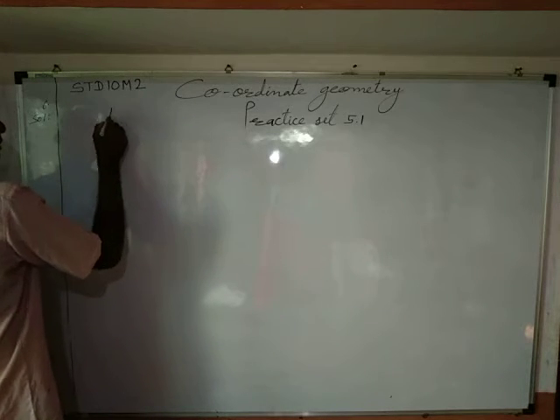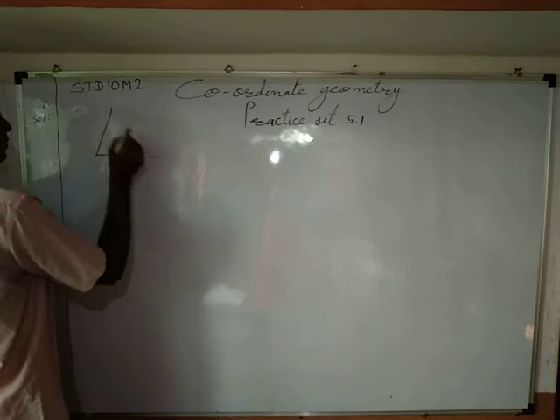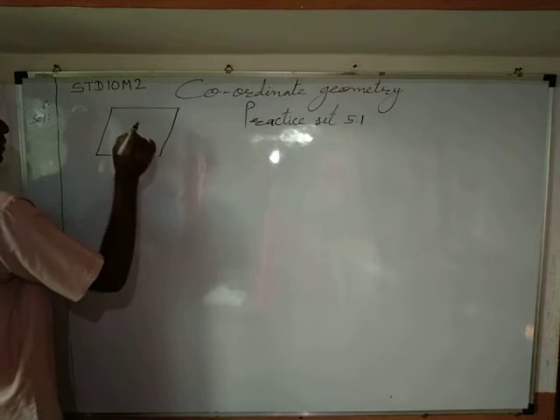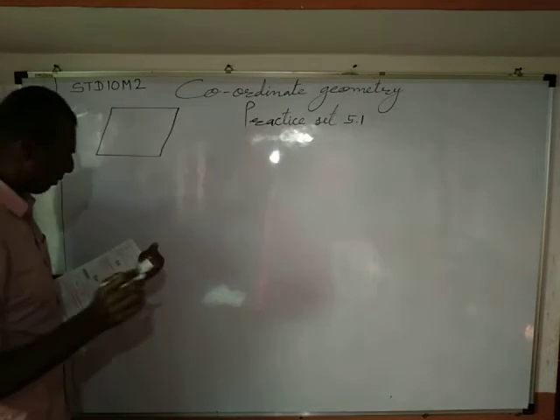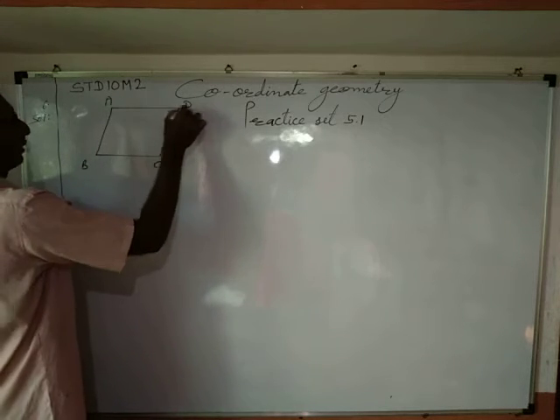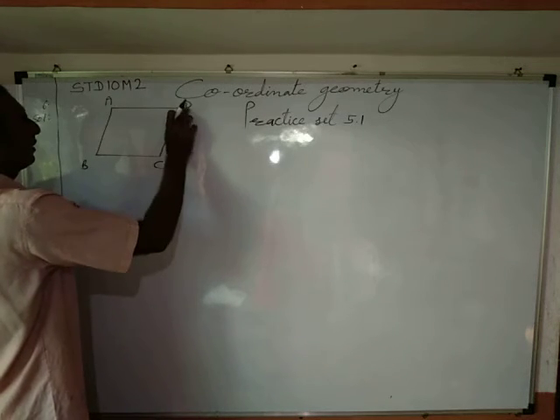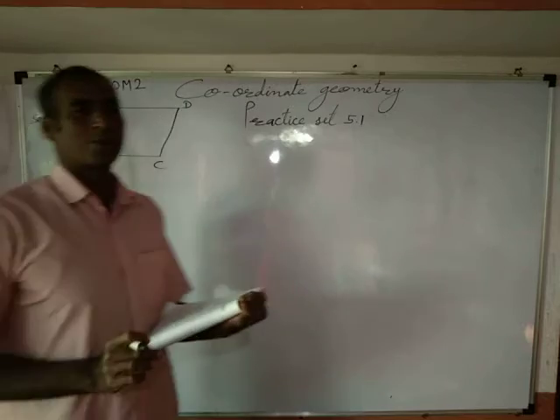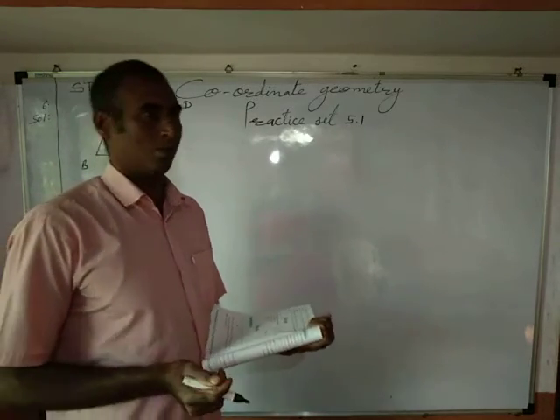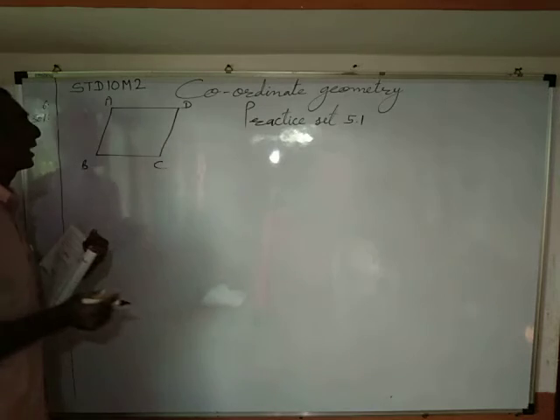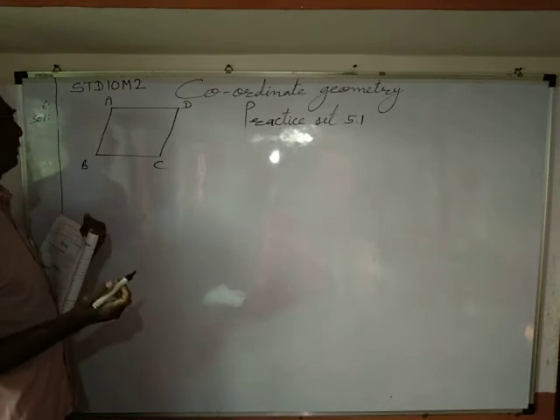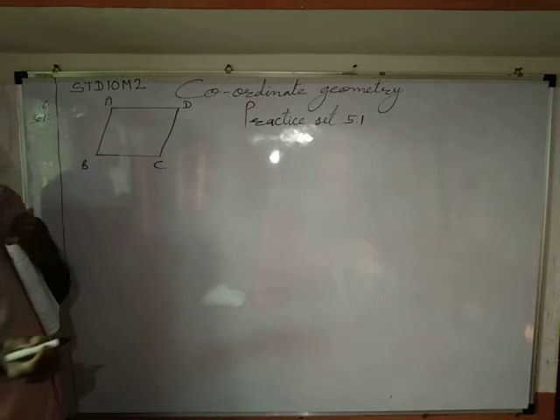According to the given information, we are interested to prove that given vertices are vertices of rhombus ABCD, and we know that if all the sides of a quadrilateral are equal, then it is a rhombus. Means if we are able to prove that AB equals BC equals CD equals AD, then we may declare quadrilateral ABCD is a rhombus.